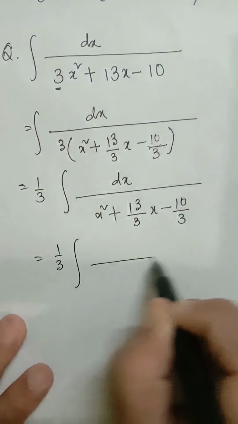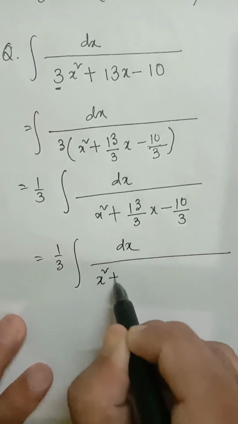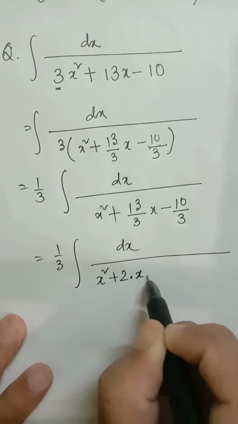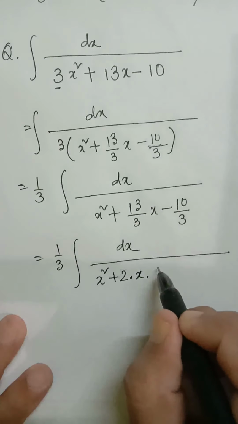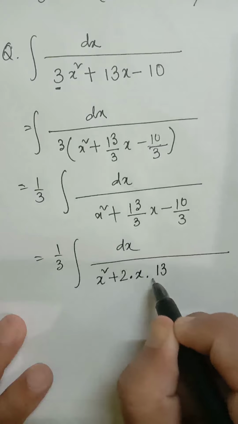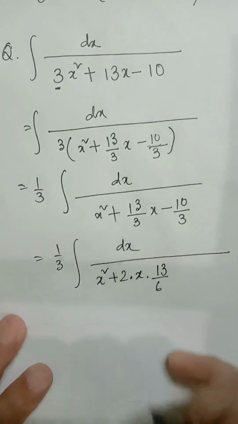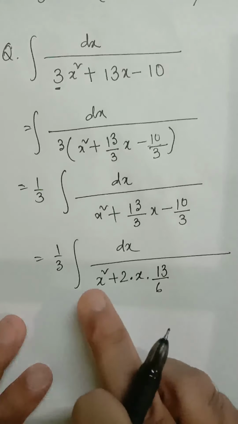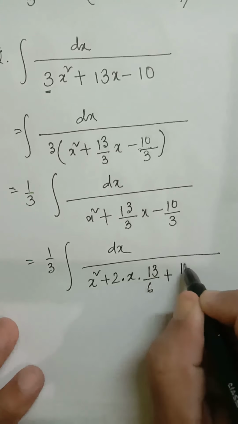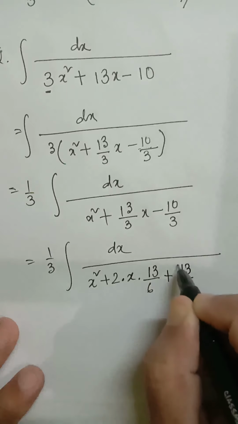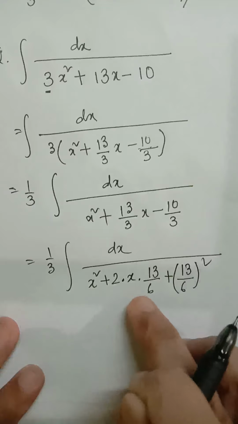For that, x square plus 2 into x into, to get 13 by 3, we will multiply this with 13 by 6. In that case, 2 and 6 will get cancelled, and we will get 13 by 3. Now it is of the form x square plus 2ab plus b square, with b as 13 by 6.